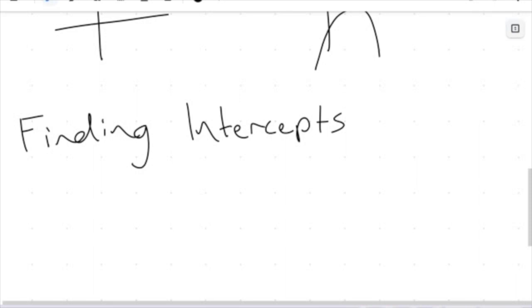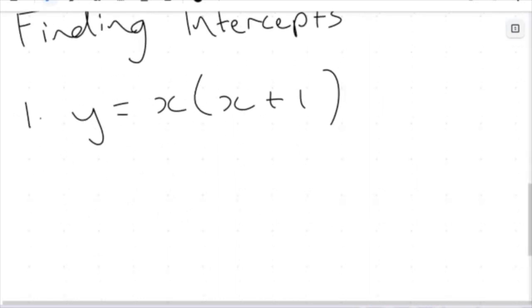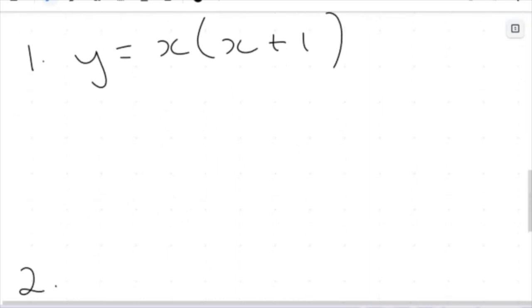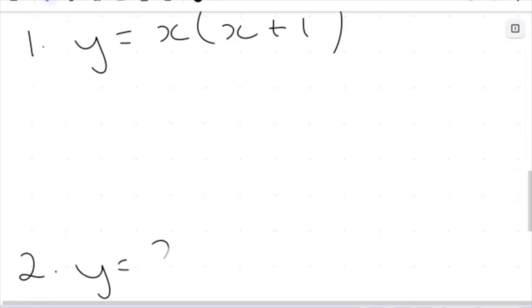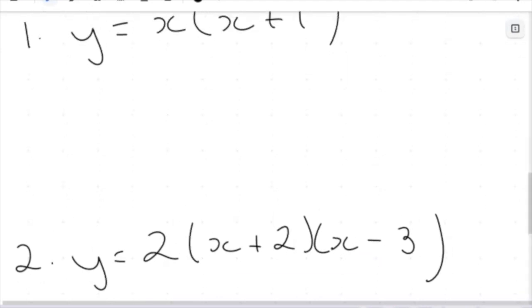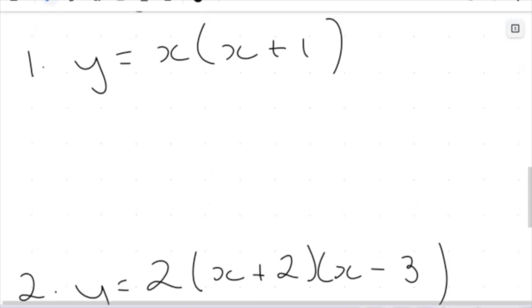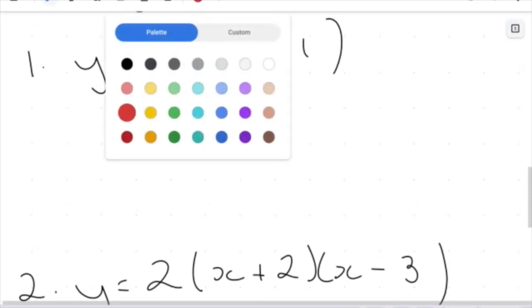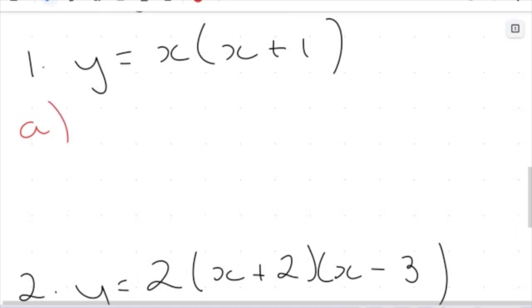So for each of these examples, y equals x(x + 1), and another one down here, y equals 2(x + 2)(x - 3). For both of these, we want to find both the x and y intercepts. So for each of these, let's start with the y-intercept.